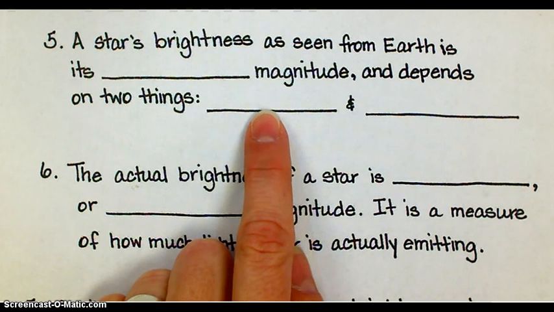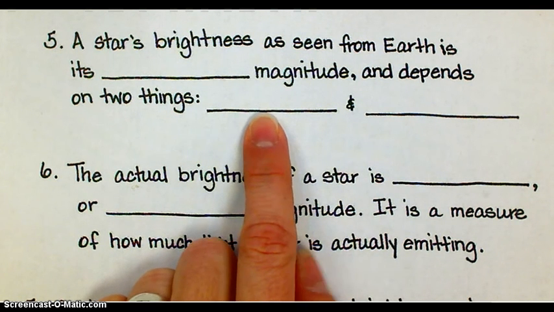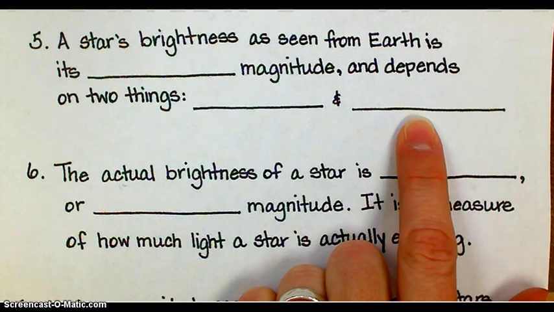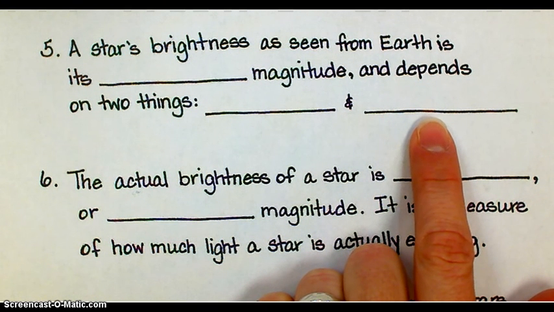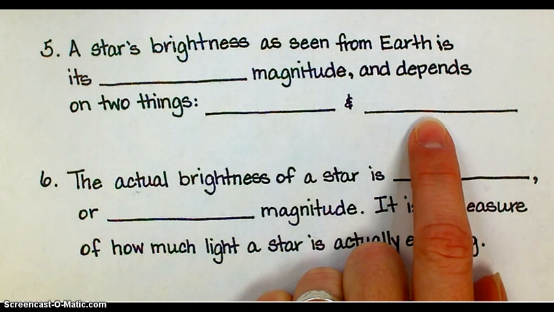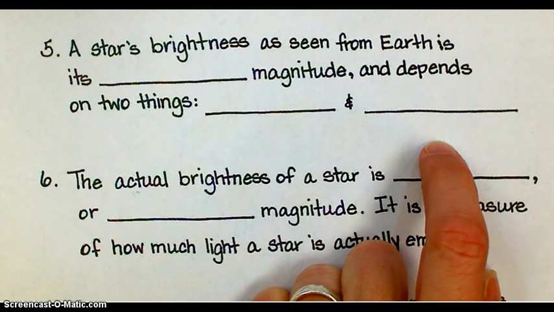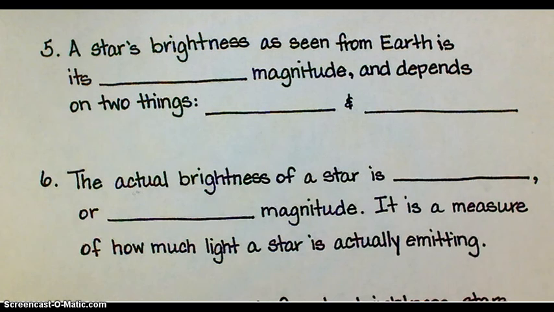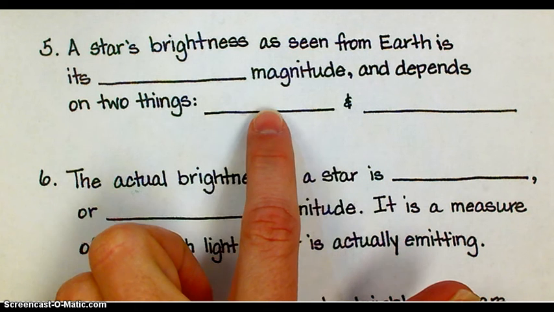So a star's brightness depends on distance. And the other thing it depends on is its luminosity, or how much light it's actually giving off. Okay? And how much light it's actually giving off, that's called absolute magnitude. So it depends on absolute magnitude plus distance.